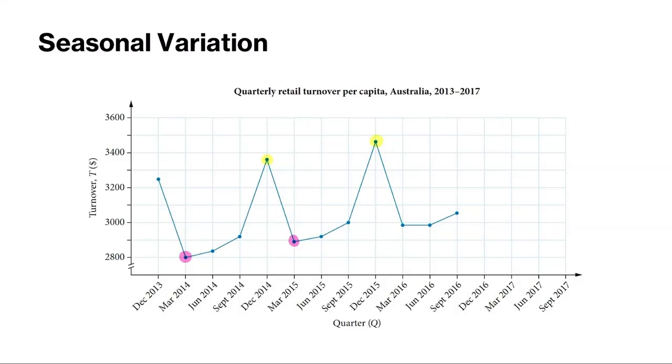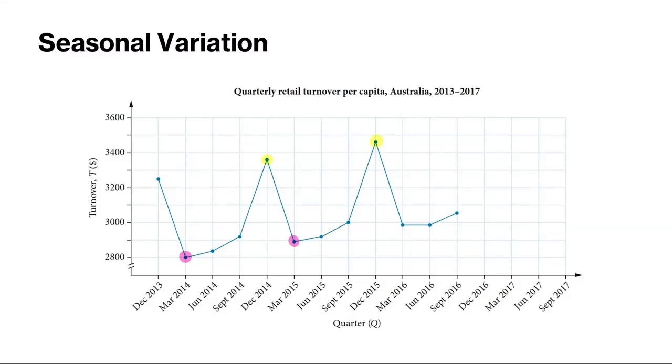So for example, if I start at this trough down here, I can count the intervals 1, 2, 3, 4 until I meet the next trough. If I started at the peak, I would go 1, 2, 3, 4. And I can see that there are 4 seasons in a cycle in this given example.